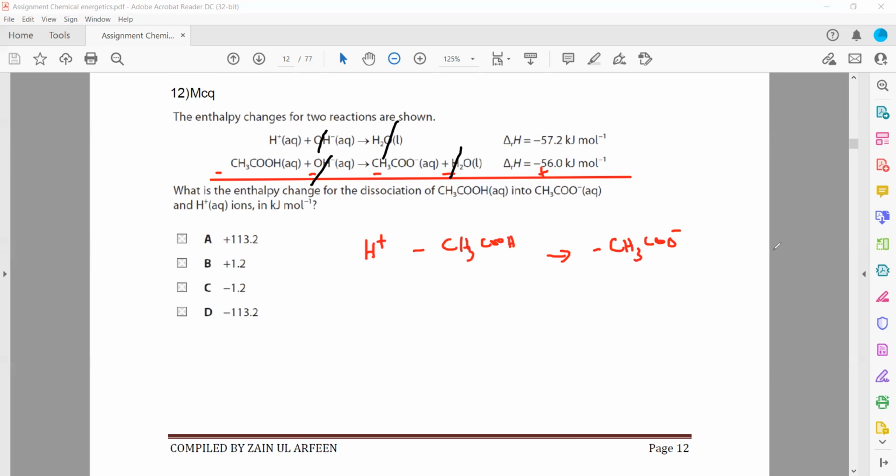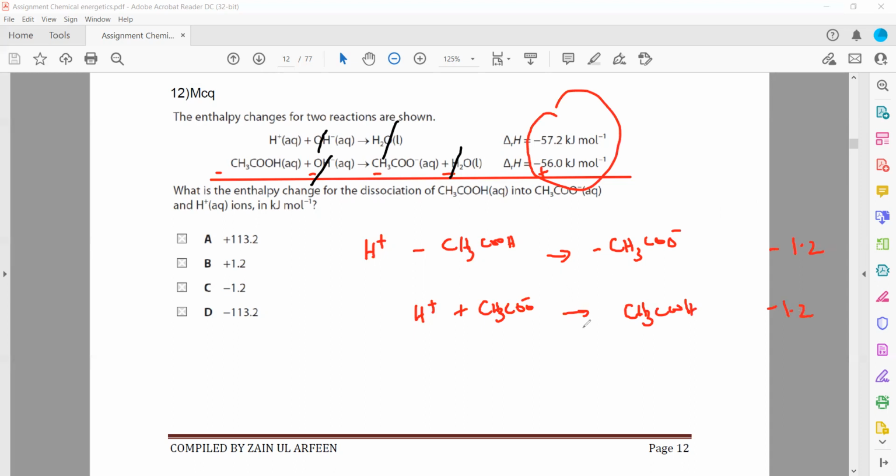When we simplify, it comes out as minus 57.2 plus 56, so it is minus 1.2. Like a mathematical equation, this is negative on one side, positive on the other side. So this will come here as positive CH3COO minus, which gives, and this will move to the right-hand side, the molecule CH3COOH, and the energy change is minus 1.2.